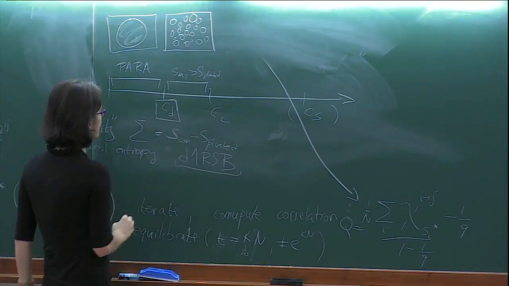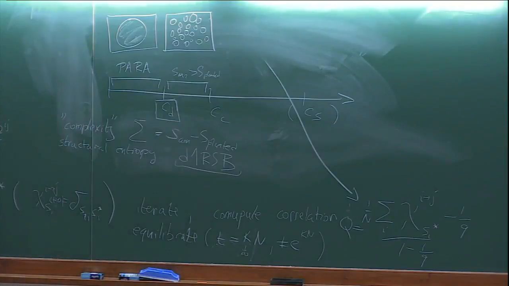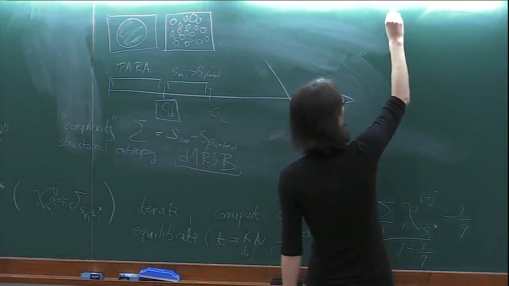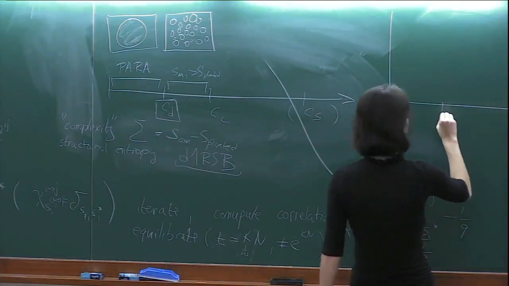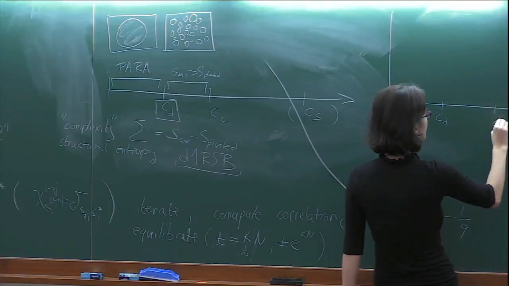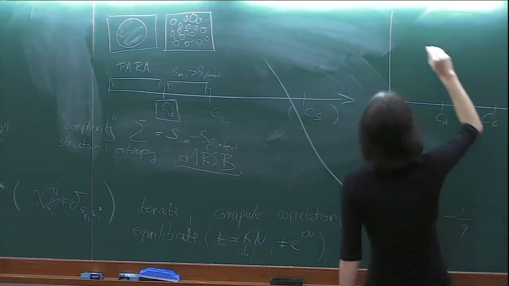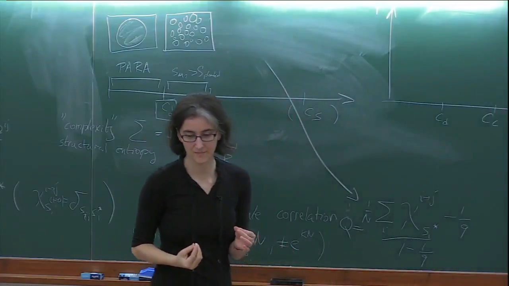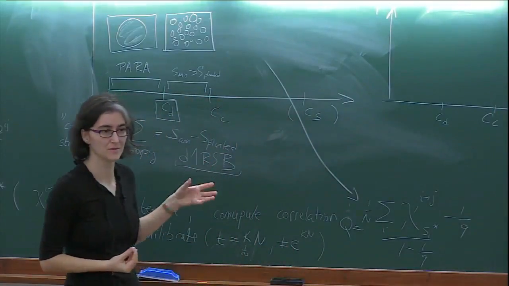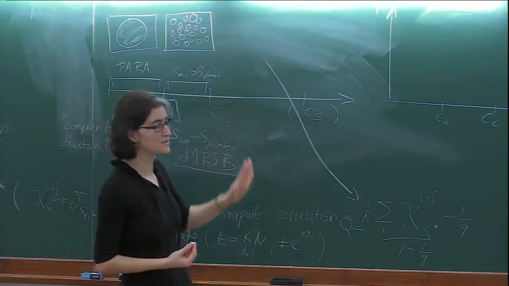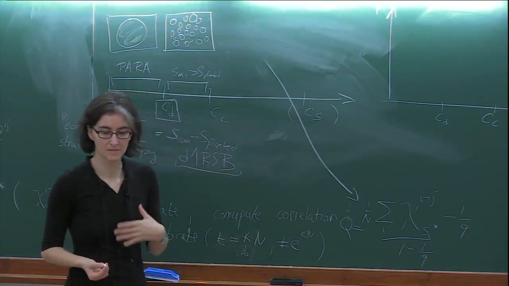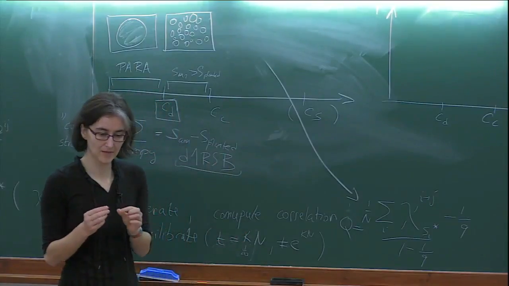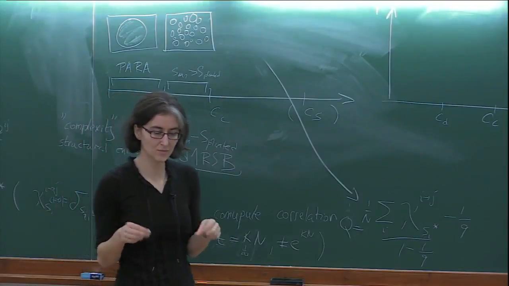In glasses, this is called the dynamical glass transition. Let me do one more picture with this CD here and CC here. But now, let's imagine that we would not be studying our problem at zero temperature as we do for the coloring, but that we would put a temperature. The configurations that have monochromatic edges would not be completely forbidden.